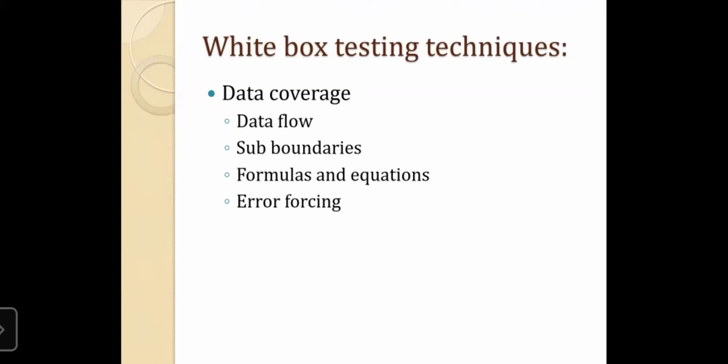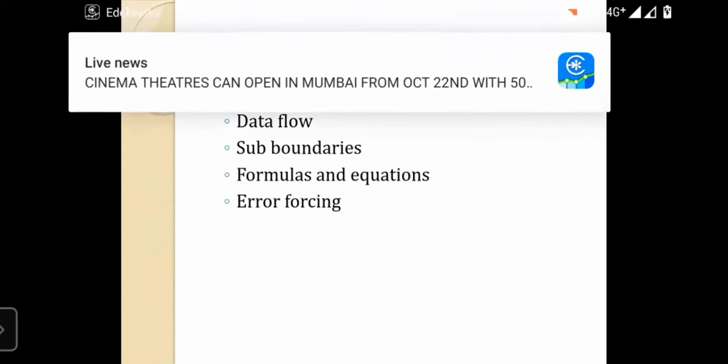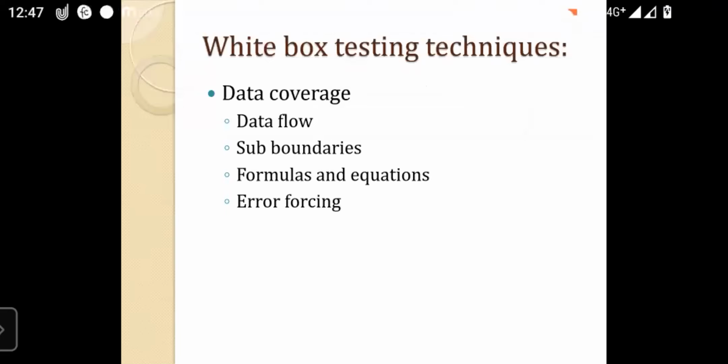Then again, error forcing. Say you have a mobile phone number field, and as we know, the mobile number takes an input value of 10 digits, isn't it? So whether it is working properly with those 10 digits.